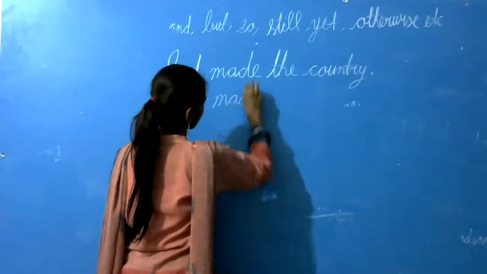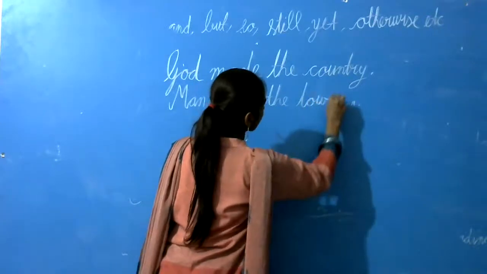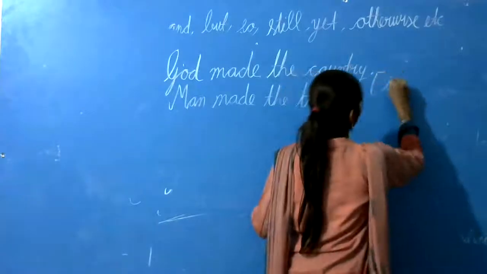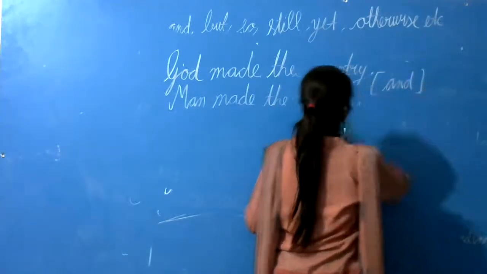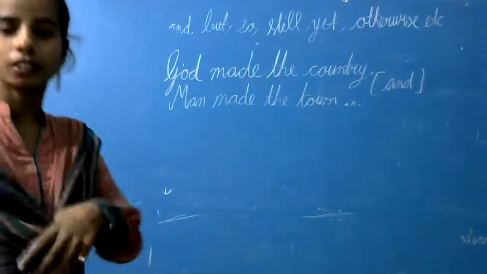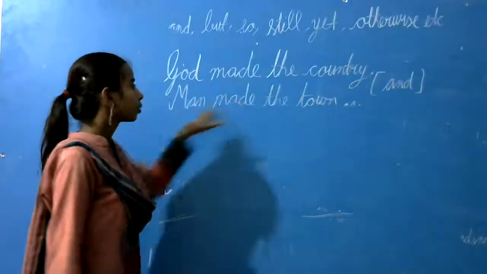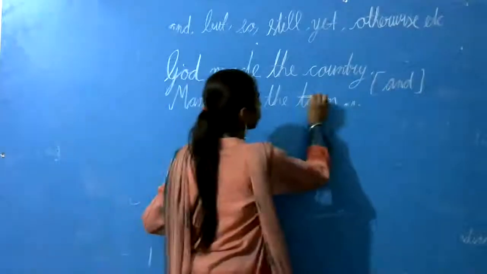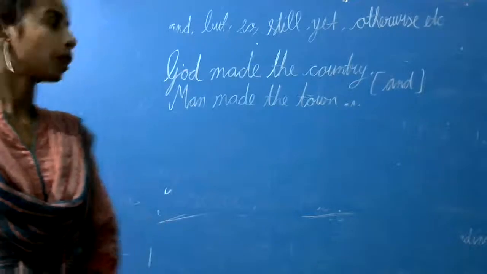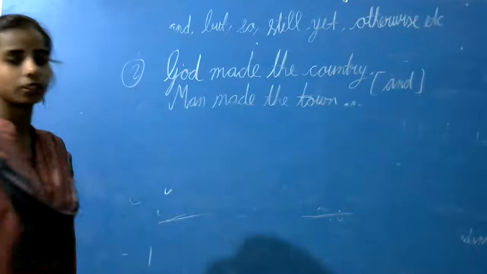Man made the town. Now class 7 students, join these two sentences by using the conjunction and. And conjunction का use करते हुए आपको इसको compound sentence में convert करना है. Try. God made the country and man made the town. Join it correctly. Anushka, join it by using the conjunction and. This is your second example of a compound sentence.